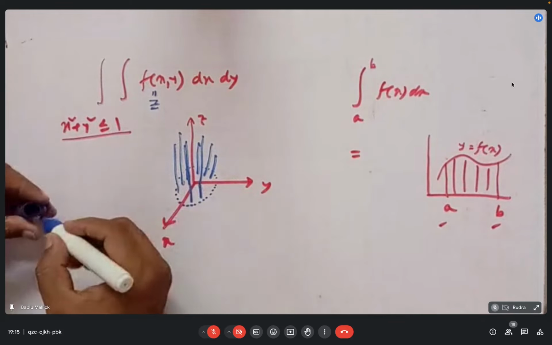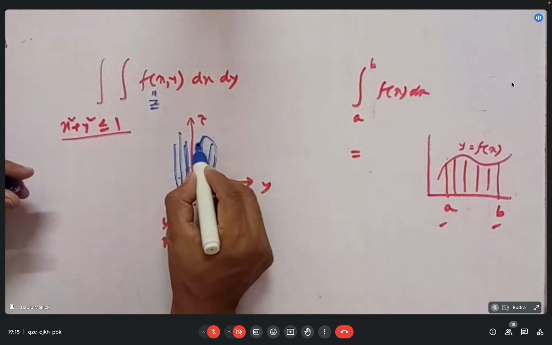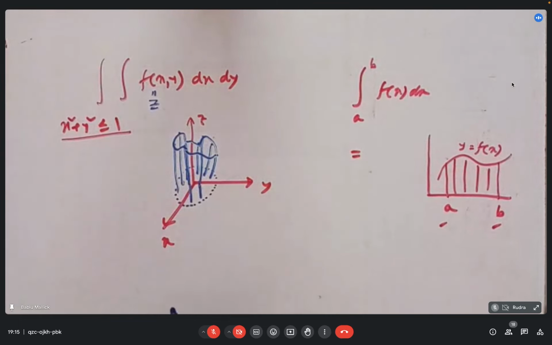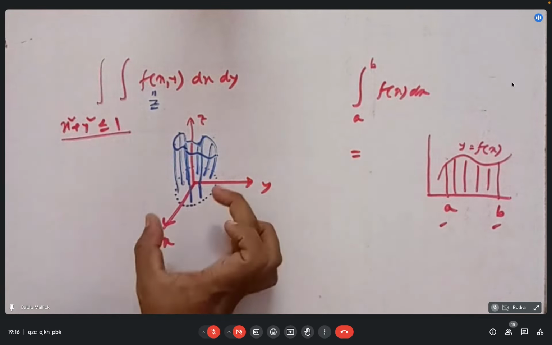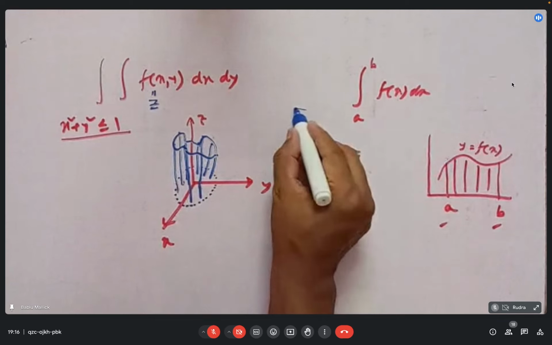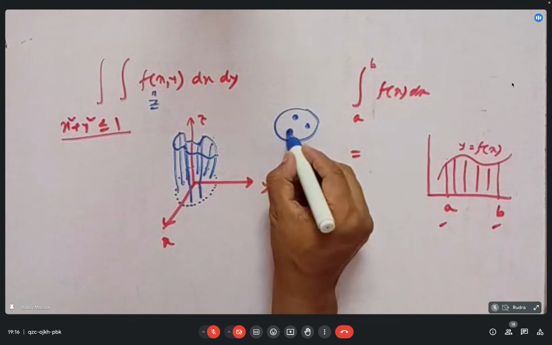Now, if we collect all these values, we are getting a three-dimensional figure. So this double integration means it is the volume of this three-dimensional figure. Suppose this is the circular region. For example, there are 3 points.